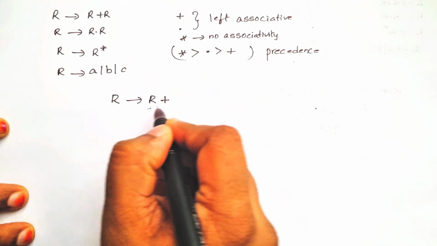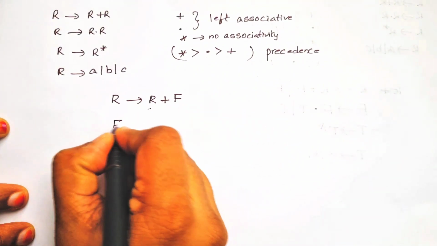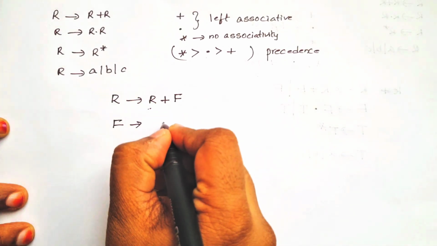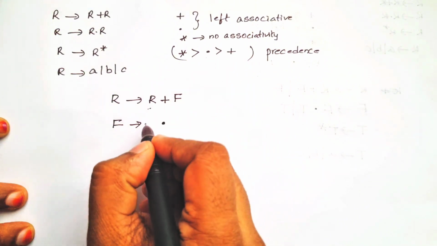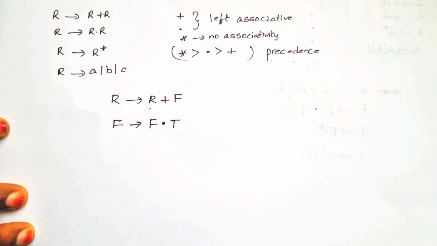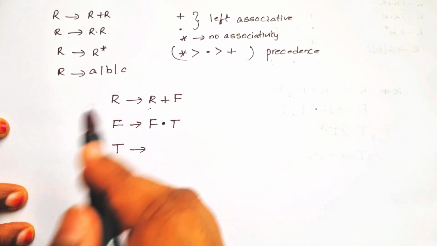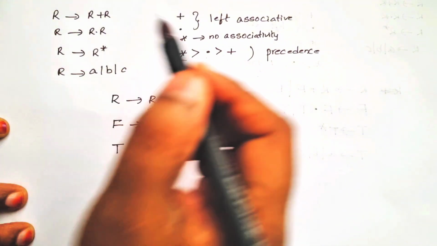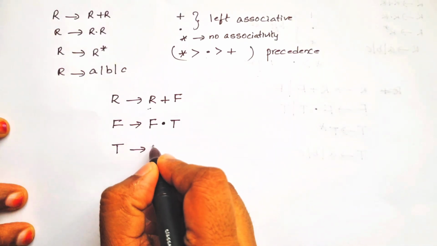You need to take left recursion and take some other new symbol here. And then which operation has the next least precedence? Dot. Let me take that. For dot also it is left associative, meaning you need to take left recursion and take some other new symbol, and then you will perform Kleene closure. Here it doesn't matter whether it is right or left associative, because it does not have any associativity.